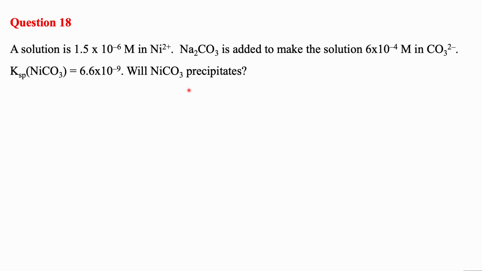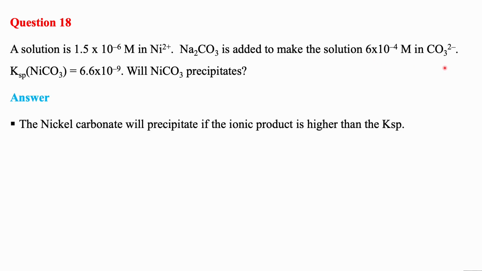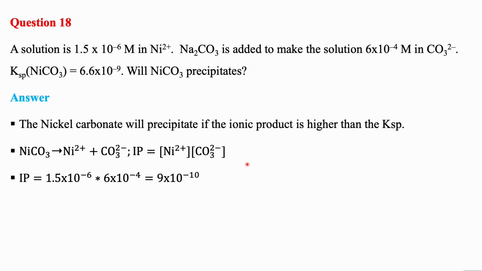So here again we need to see. We have the concentration of NiCa and we have the carbonate. We can determine the ionic product. Then after getting the ionic product, we compare with the Ksp. So we determine the ionic product, and we can see that the ionic product, 9 times 10 power negative 10, is less than the given Ksp.